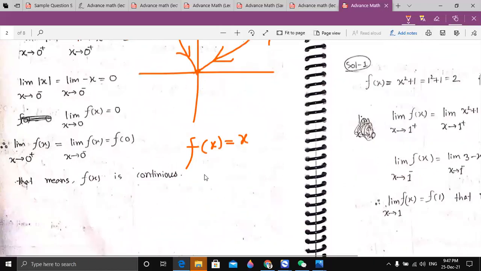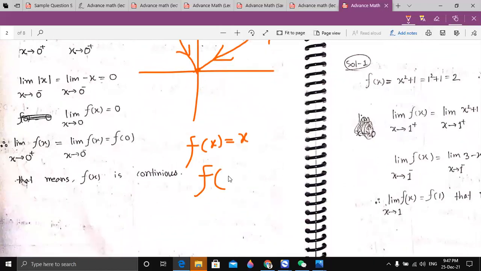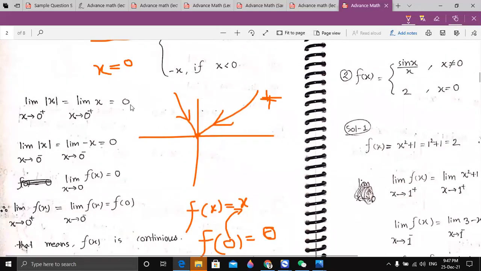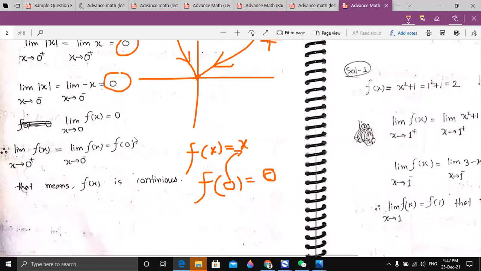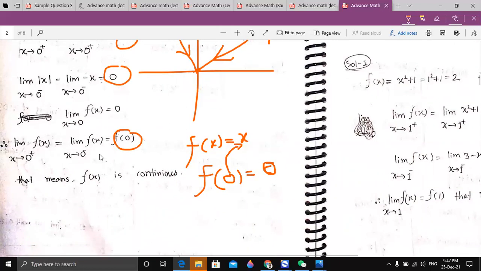If we want to find f of 0, it will also be 0. So our left hand limit, right hand limit, and function value are the same.